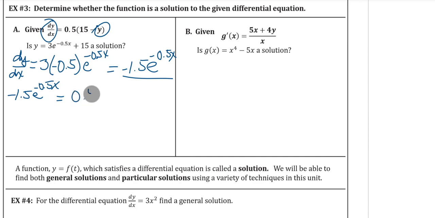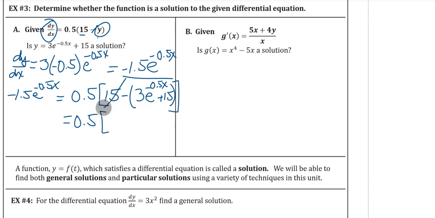So 0.5 times, here we go, then the 15 minus, and I'm subtracting y, so y is 3e^(-0.5x) plus 15. Leaving the 0.5 out there and distributing the negative, the 15s will cancel, so I have negative 3e^(-0.5x).